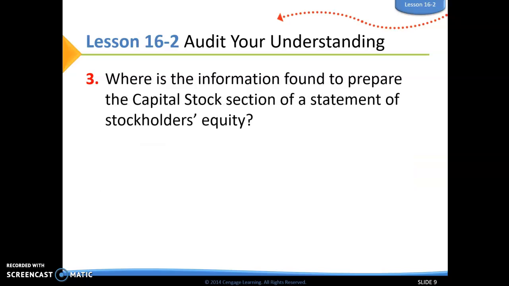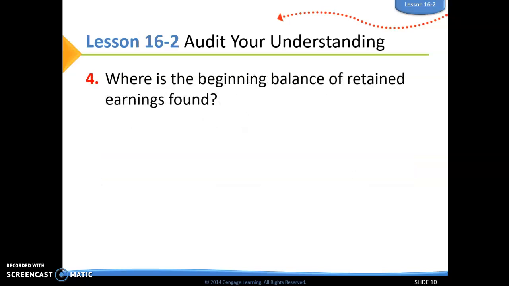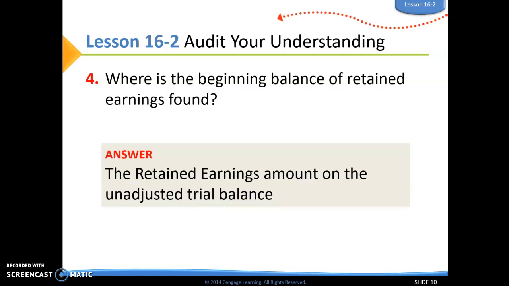Number 3, where is the information found to prepare the capital stock section of a statement of stockholders' equity? We're going to get that in the capital stock general ledger account. Number 4, where is the beginning balance of retained earnings found? That's going to come off of our unadjusted trial balance.